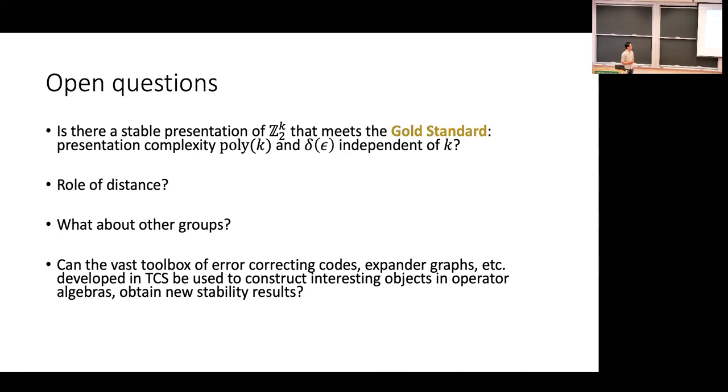And more generally and more vaguely, in theoretical computer science, over the last few decades, we've studied an amazing number of really cool objects: error correcting codes, locally testable codes, expander graphs, things of all this nature that are all intimately linked to one another. And can we use these objects to get interesting operator algebraic objects? I think the answer is yes.